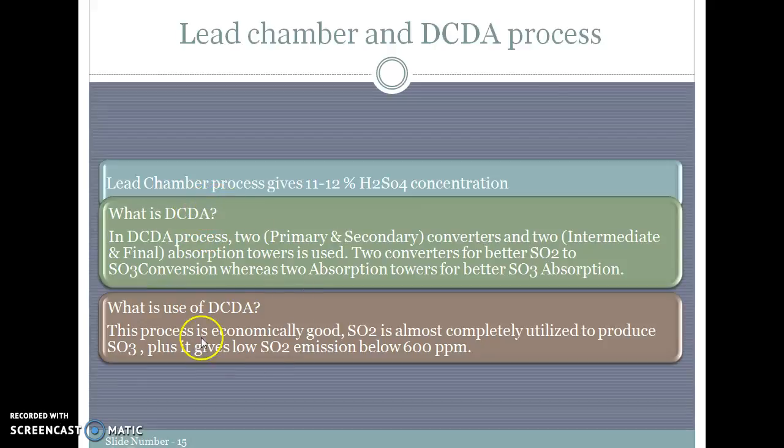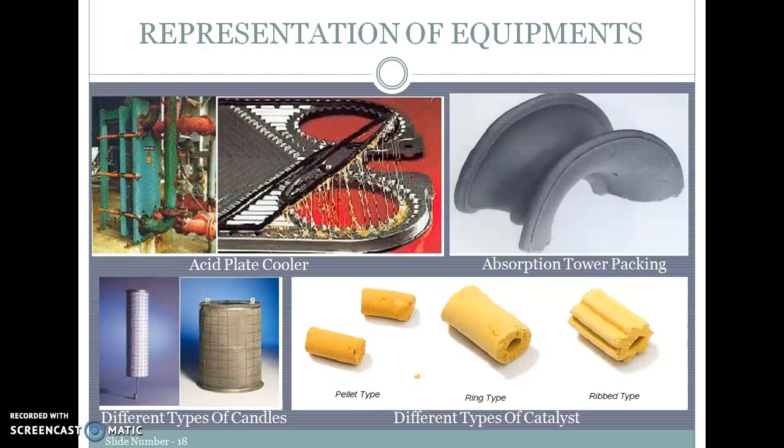The advantage of the DCDA process is that you can have a very small amount of unreacted SO2 let off into the atmosphere. So you can follow the regulations given by the pollution control board in terms of how much SO2 you can release into the atmosphere, which should be minimal. Now you can look at the contacting equipment.